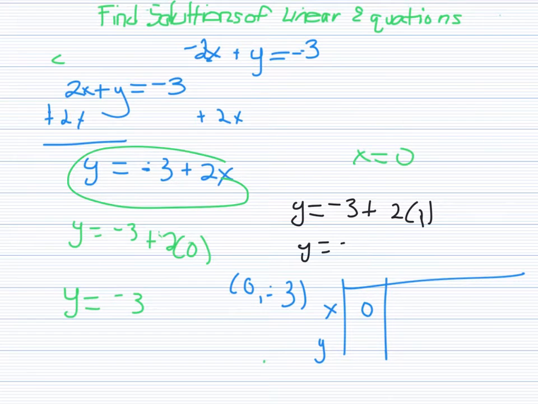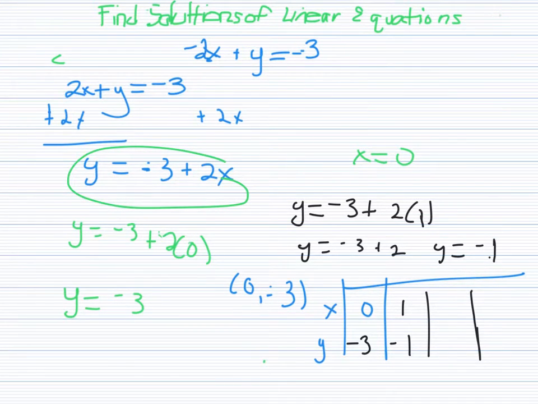Y equals -3 plus 2. And here y will equal -1. Now we have 1 for x and -1 for y.